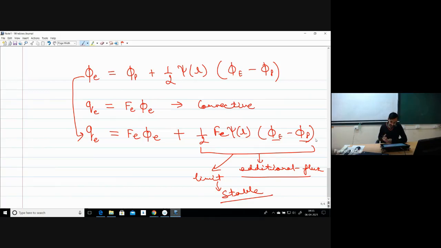So the only availability we have is tuning this psi r function. So I can tune this psi r function in order to limit the value of flux, because we are limiting this flux in order to ensure the stability. This additional flux gives an advantage in terms of increasing the order of accuracy, but it leads to an unstable solution. So in order to have stability in our solution, we have to limit the value of this additional flux.